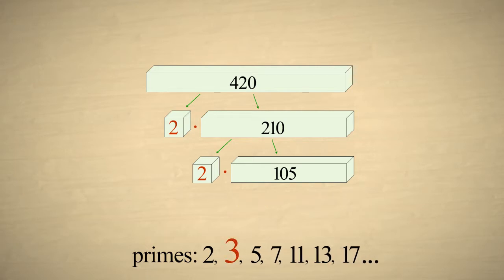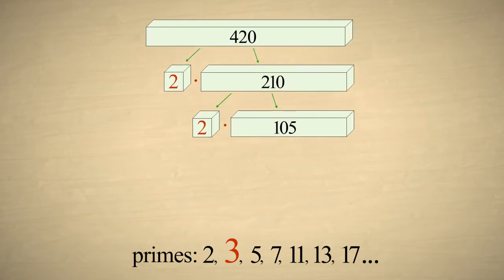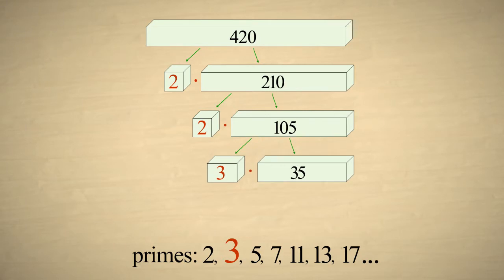Remembering the trick from our last lecture, if the sum of a number's digits is divisible by 3, then that number is divisible by 3. Since the digits of 105 add up to 6, and 6 is divisible by 3, we know that 105 is divisible by 3. Therefore, 3 is a factor.